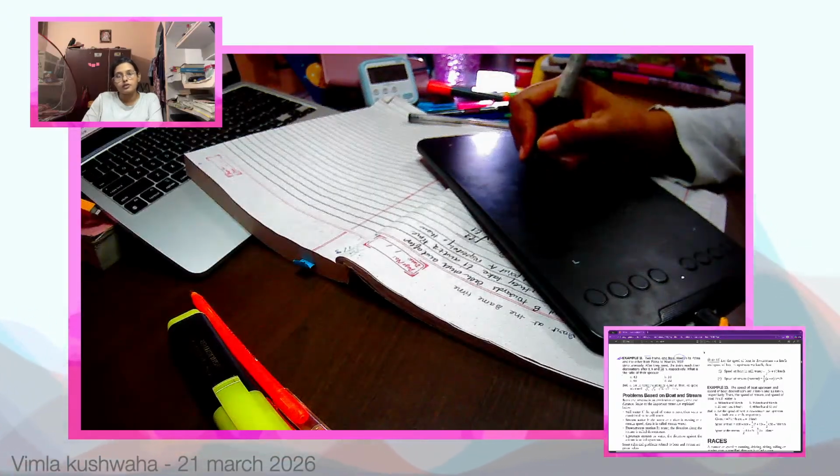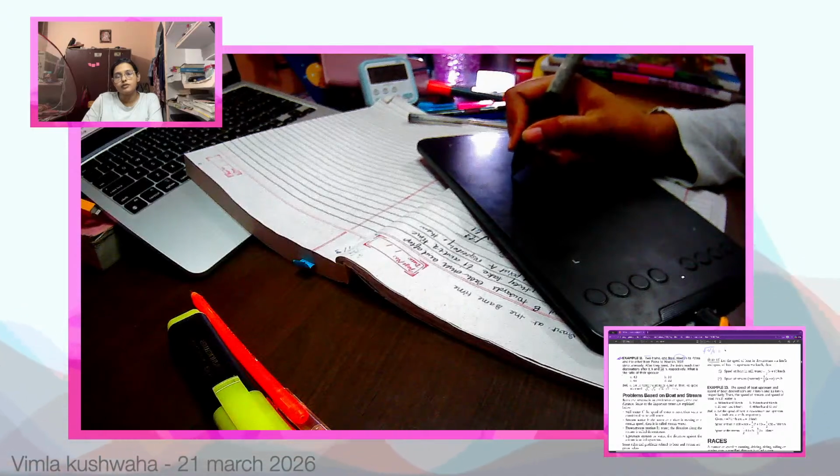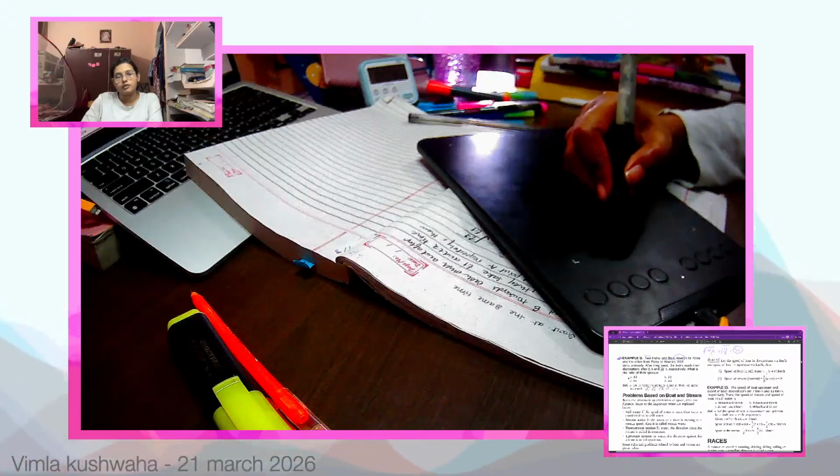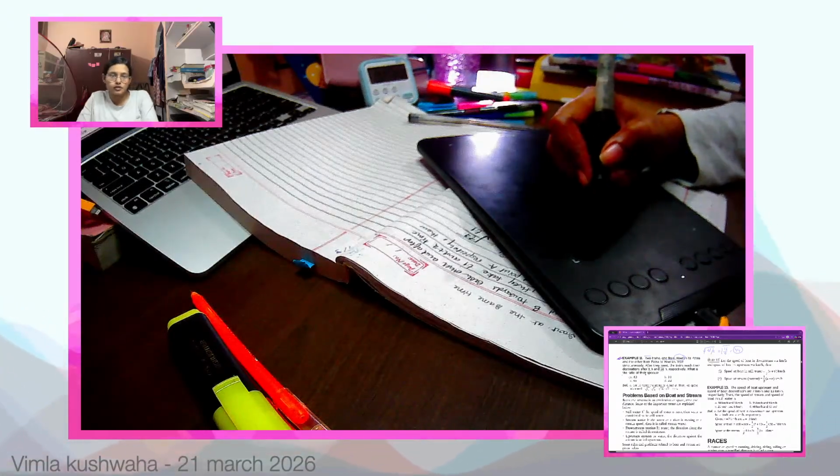As we get the ratio is root of T2 upon T1, so we have 16 upon 9, and the root will be 4 upon 3. So option A is correct, right?